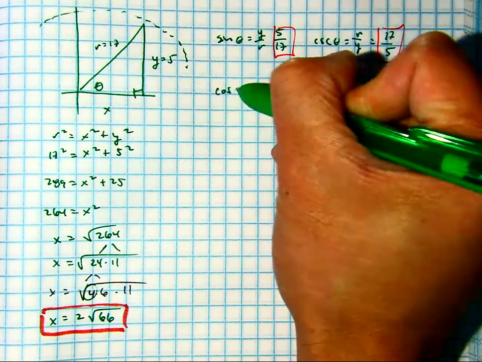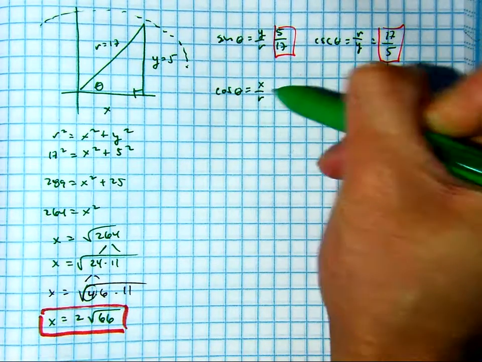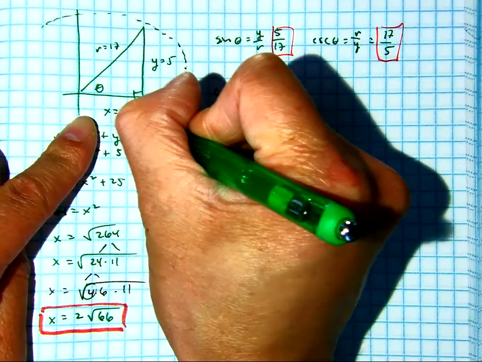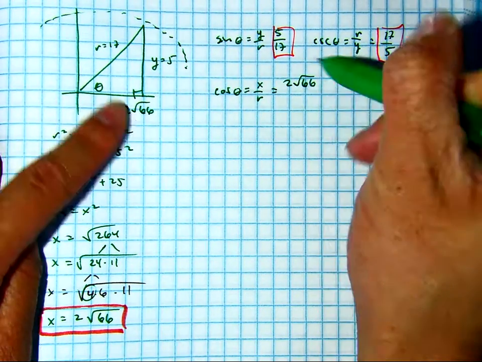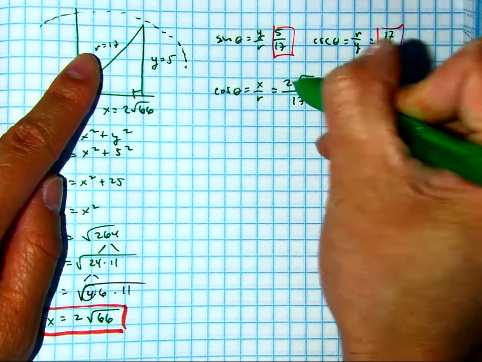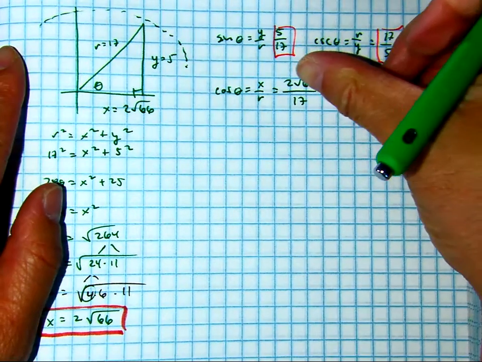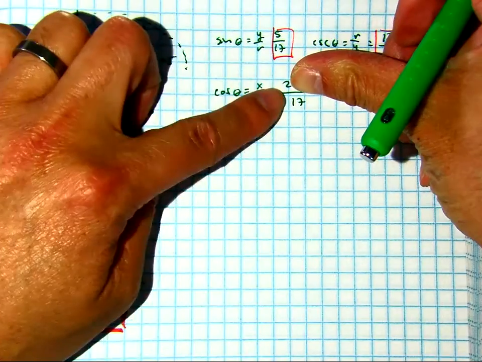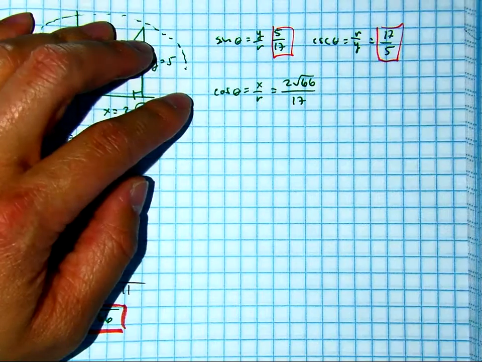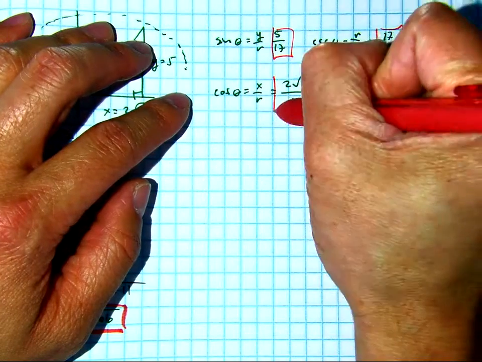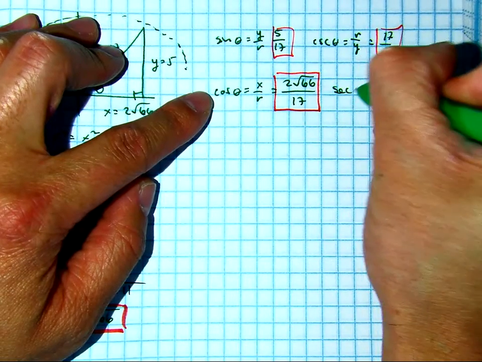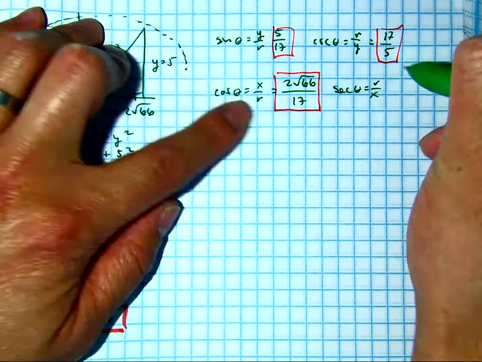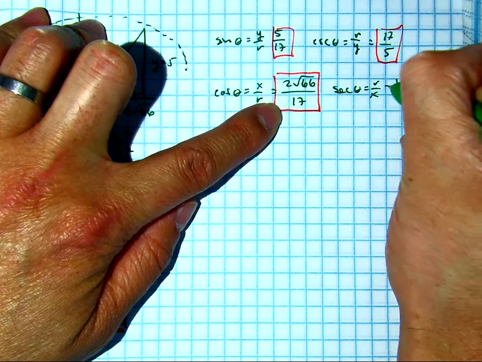Cosine. X over r. So that'll be 2 radical 66 over 17. Watch what I do here. I can't reduce that, even in an odd number, so it stays just like that. To find the reciprocal, r over x, so 17 over 2 radical 66.